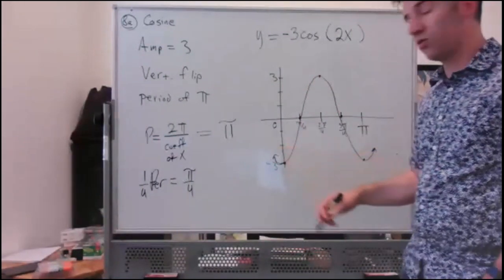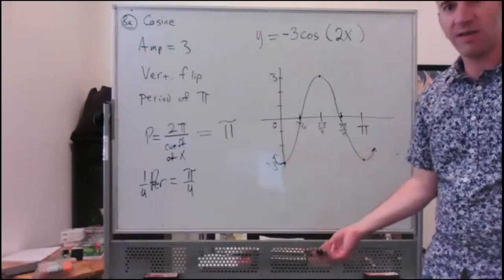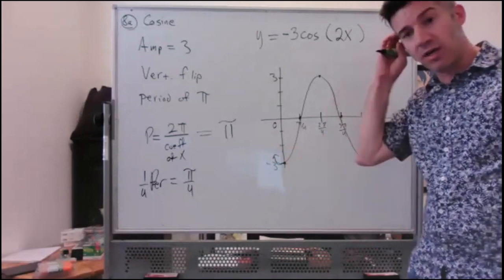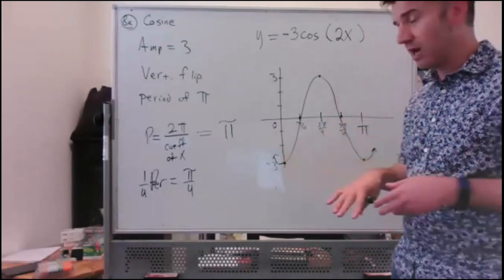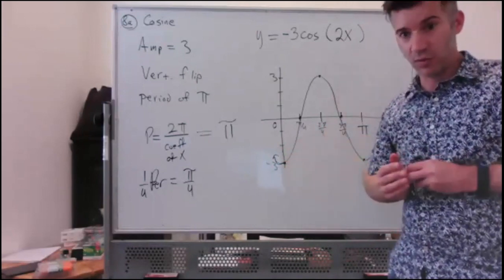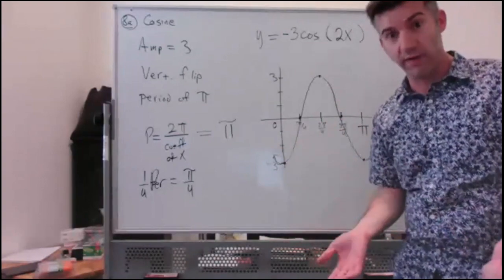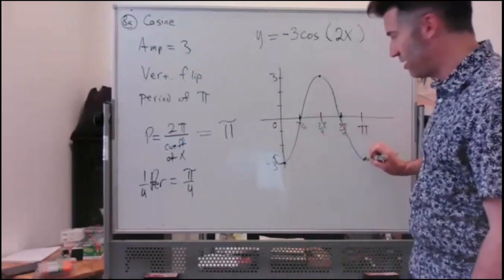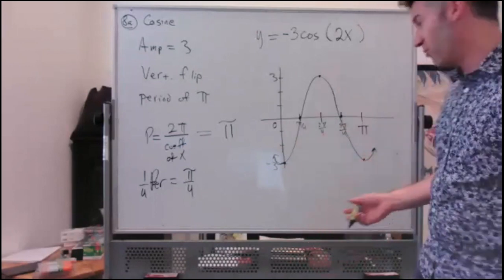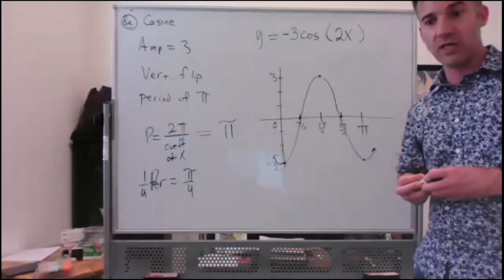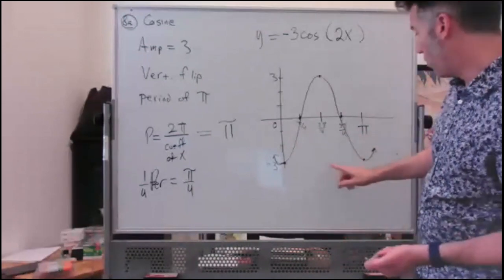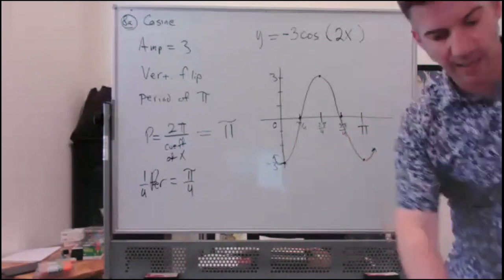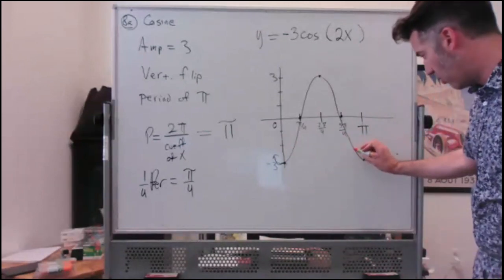When you graph these things, your graphs do not have to be perfect. They just have to be pretty good. On some of your homework or the quiz, I made a comment that your graphs look really straight and they should look a little curvier. If it's a straight line from there to there, it should look a little curvier. The other feature I noted for a few people was that for cosine especially, when you're getting to the bottom here, it can't go any lower than this.